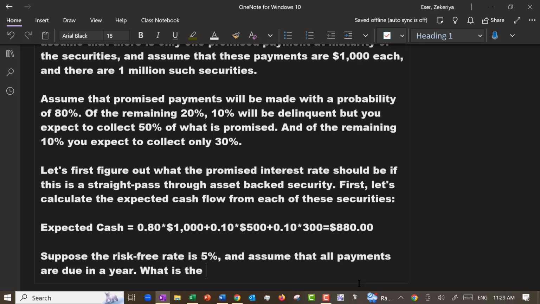What is the proper price for the pool? The way I calculate what I should pay if I'm buying one of these bonds with a face value of 1,000, I need to discount the expected cash flow using the risk-free rate.